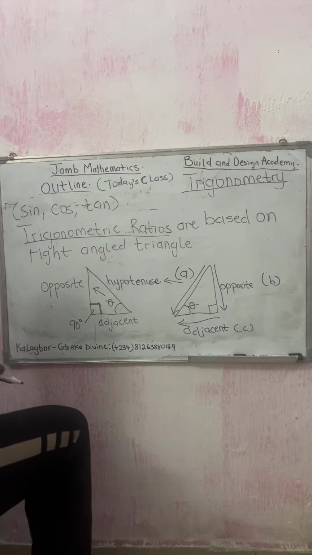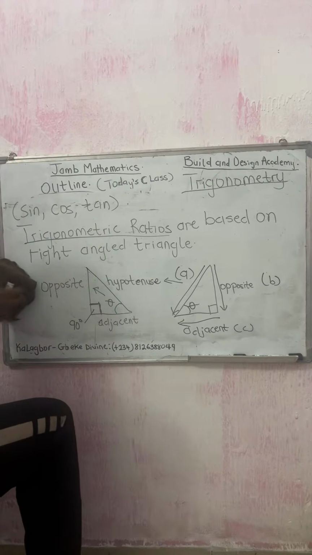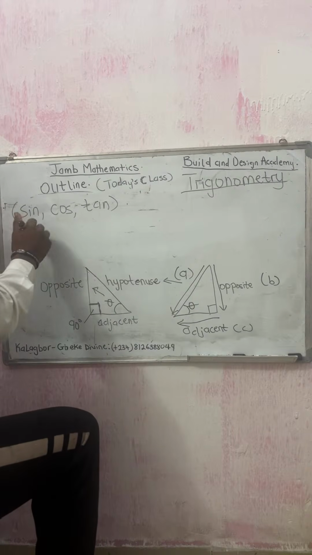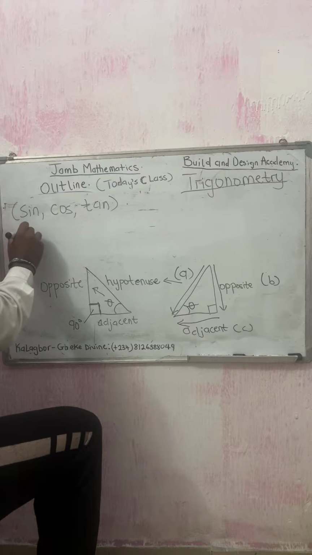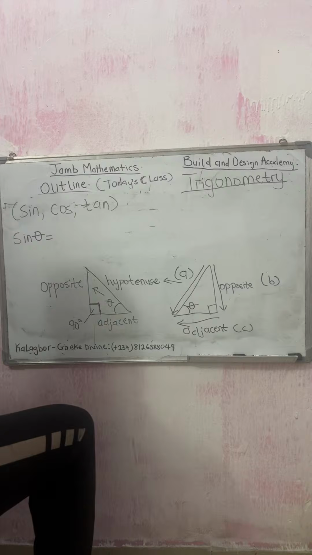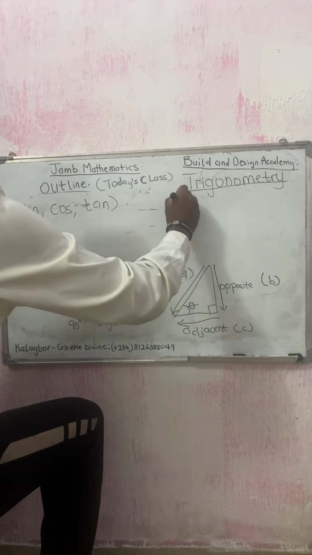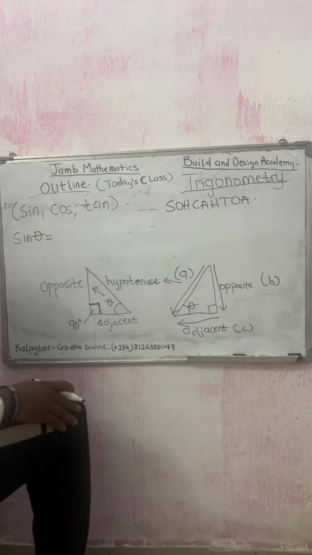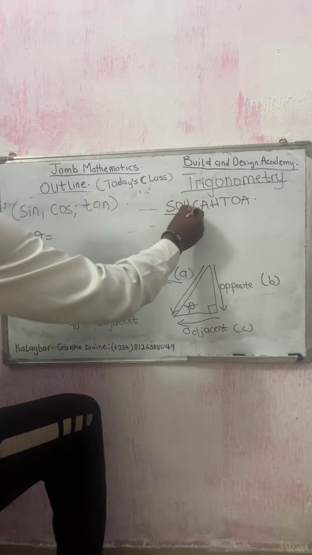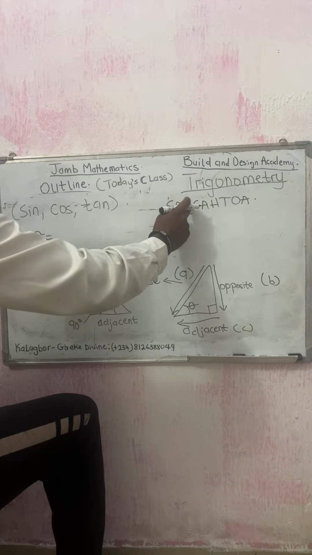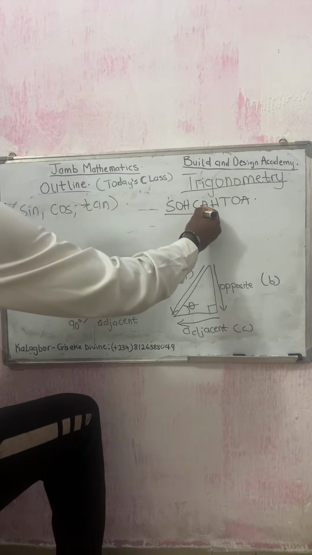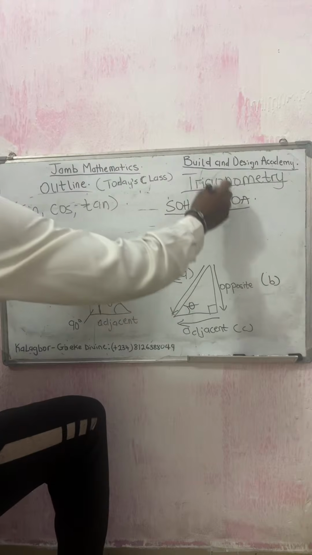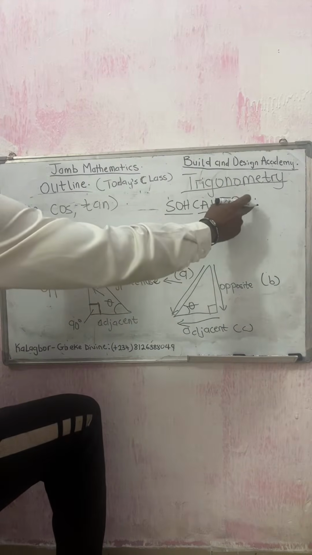Now, let me clean this part. Now, to get sine theta, first of all, I want you to take note of this acronym, SOHCAHTOA. SOH means sine, which is opposite over hypotenuse. CAH is cos, which is adjacent over hypotenuse, and TOA is tan, which is opposite over adjacent.